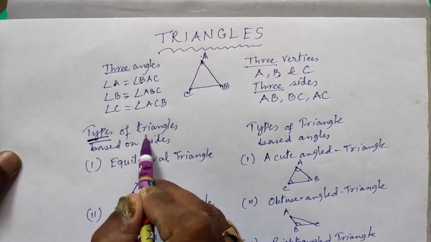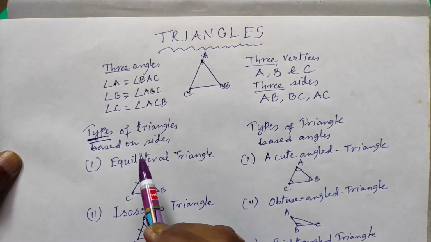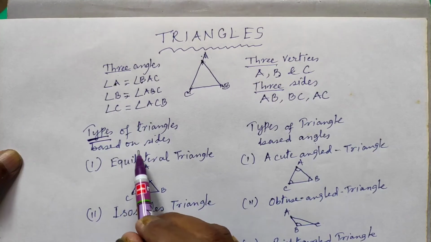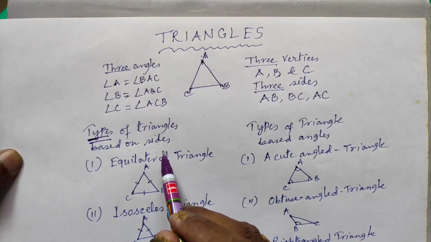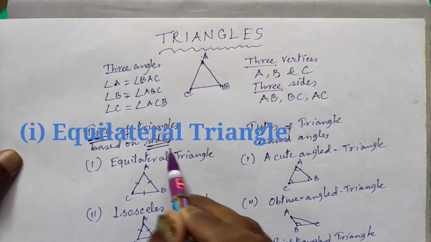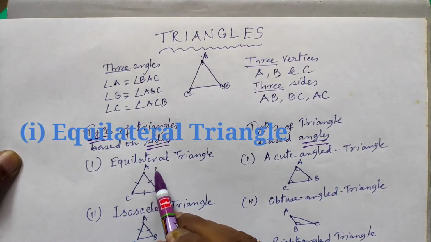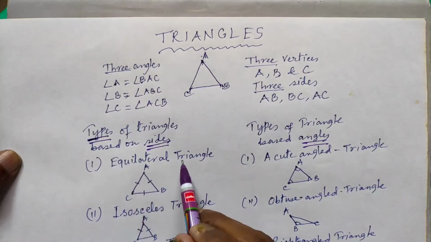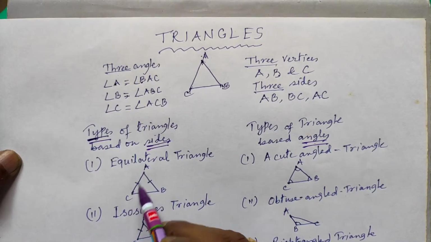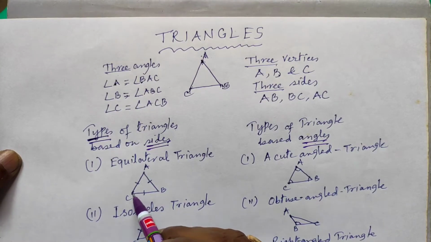Now, what are the types of triangle? That is the most important thing, and we have classified them on the basis of sides and on the basis of angles. Over here you see the equilateral triangle. In an equilateral triangle, we observe that all three sides are equal.